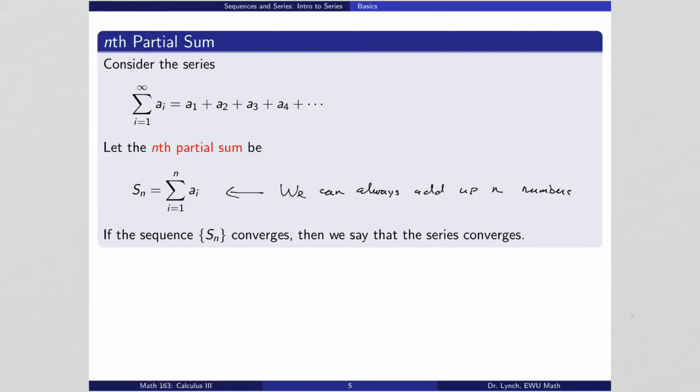Now we'll formulate a sequence with these partial sums. The sequence is the sequence s sub n, and if the sequence converges, then we say that the series does too. This is exactly how we define convergence of a series: if the sequence of partial sums converges, then the series does too.